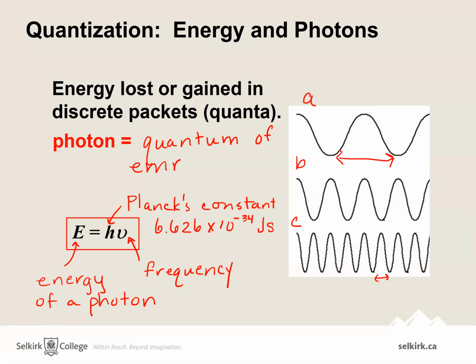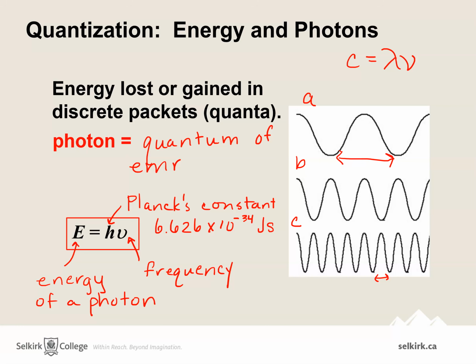All right, next question. Which wave has the greatest frequency? C has the greatest frequency. It repeats most frequently. So you can see, as we saw in the earlier equation, that wavelength and frequency are inversely proportional.